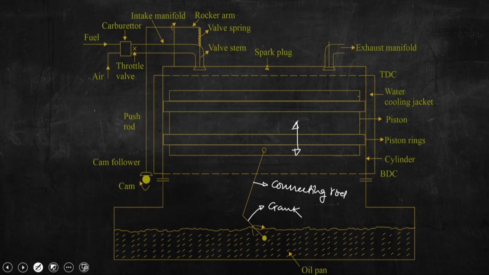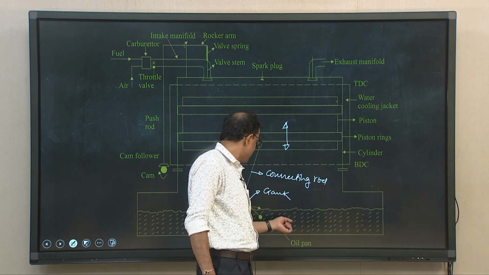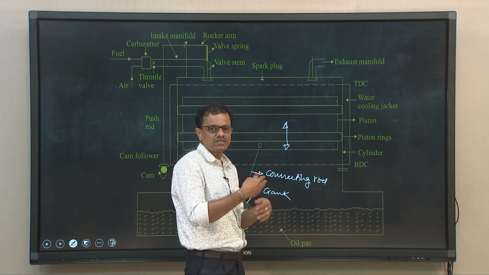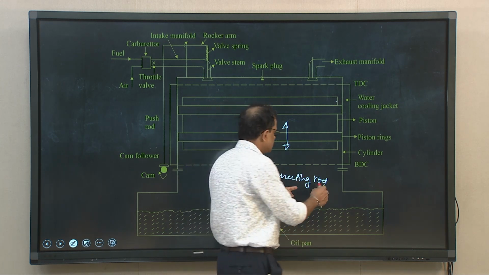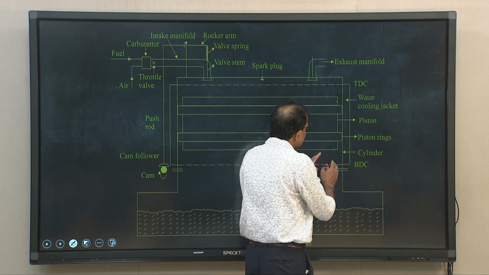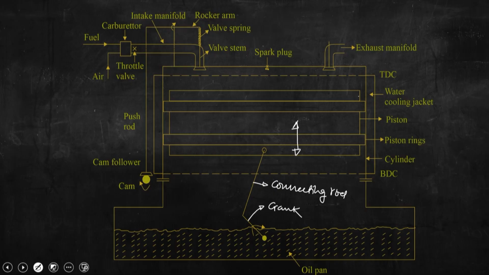And this oil pan is there; we have also discussed the lubrication system in one of the previous classes. By virtue of churning action, the crank sprays lubricating oil onto the inner wall of the cylinder, so that it can reduce the friction between the piston ring and the cylinder inner wall.